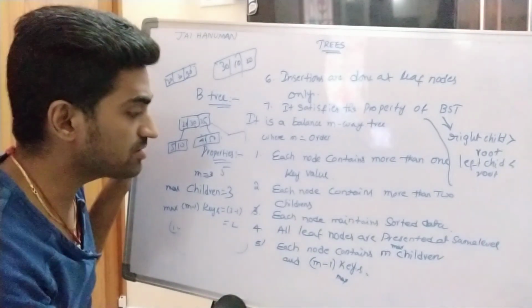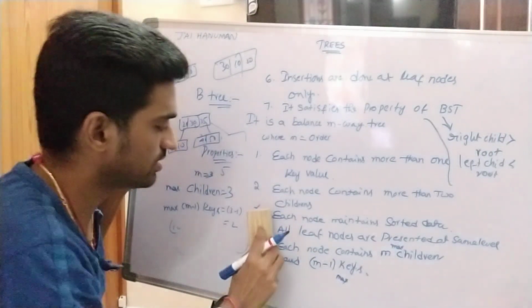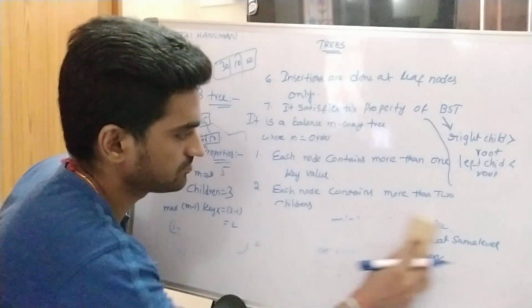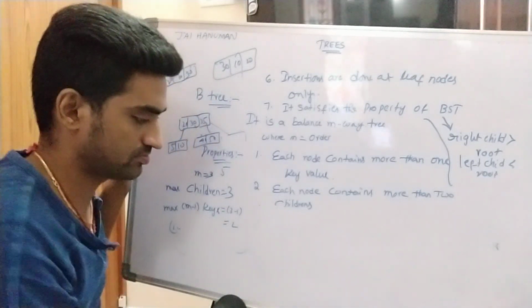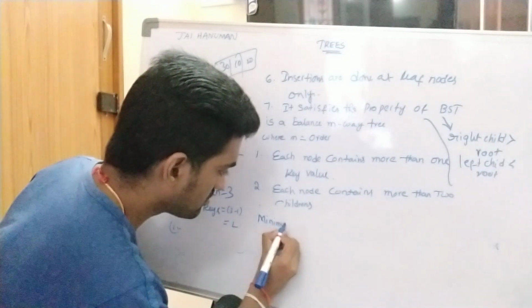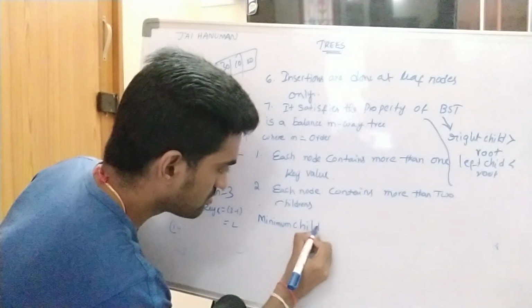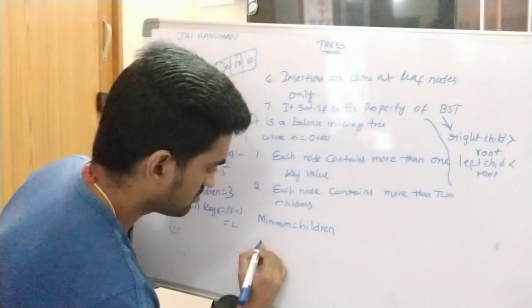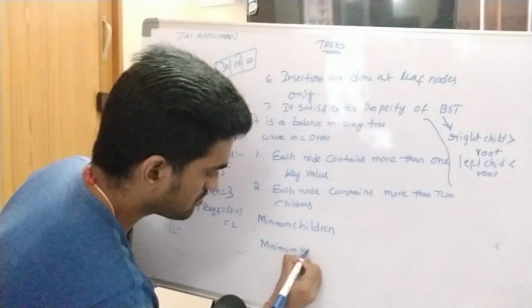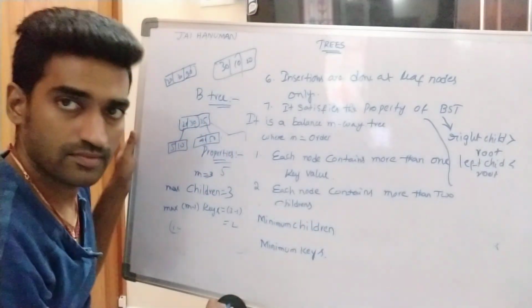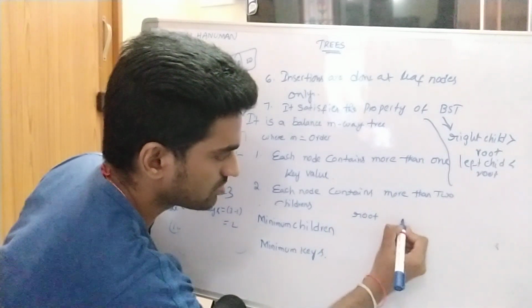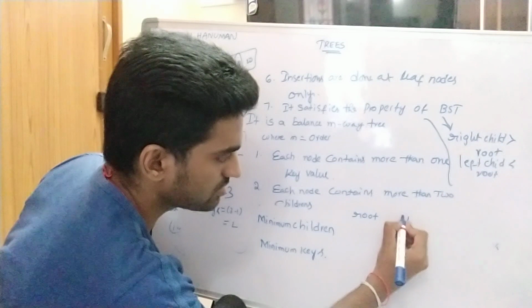Coming to minimum children and minimum keys, here I am writing root, internal nodes, and terminal nodes.